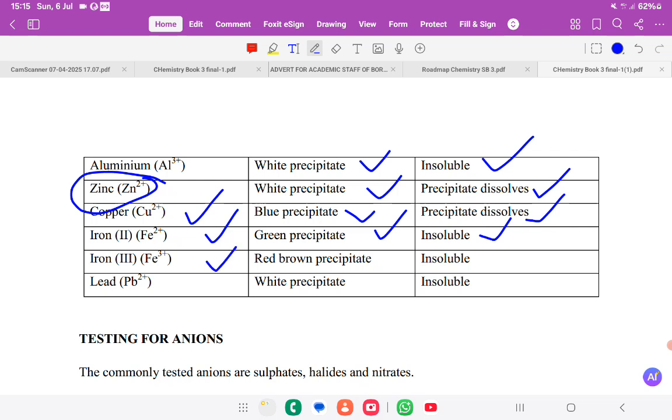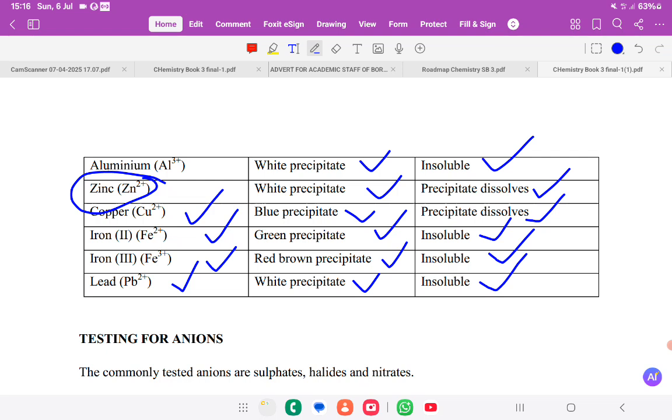A solution that contains iron 3 will be associated with a red-brown precipitate, and it remains in solution even when additional ammonia solution is added. If a solution contains lead ions, a white precipitate is formed, and the precipitate remains in the solution and does not dissolve.